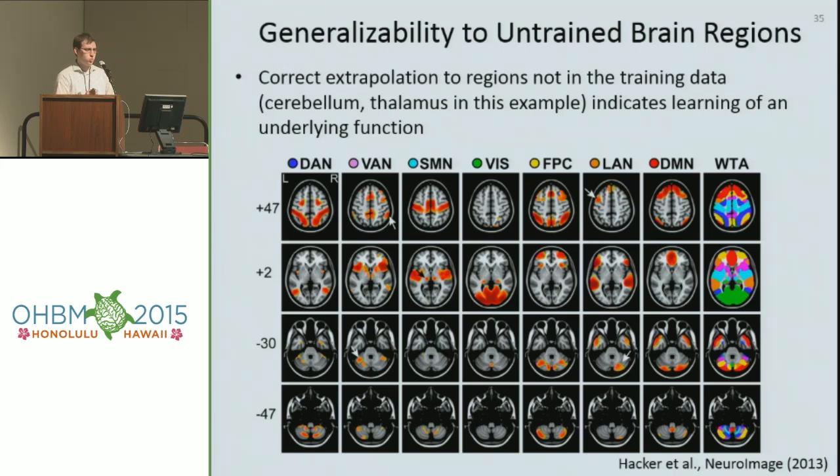But we still don't know exactly what the function or purpose of spontaneous activity is, why all these circuits are communicating at rest. And further, I think the impact on resting state networks of various disease entities is even less understood. There are certain processes that we have found some correspondence with.